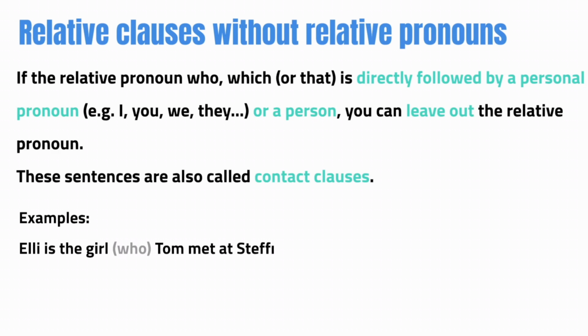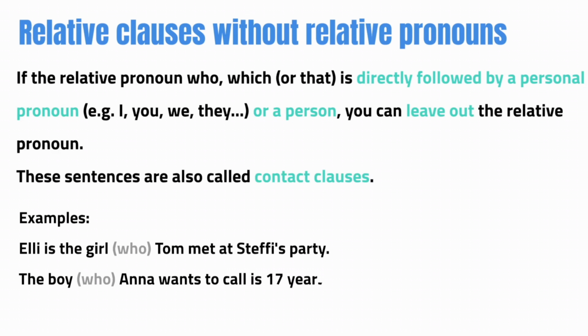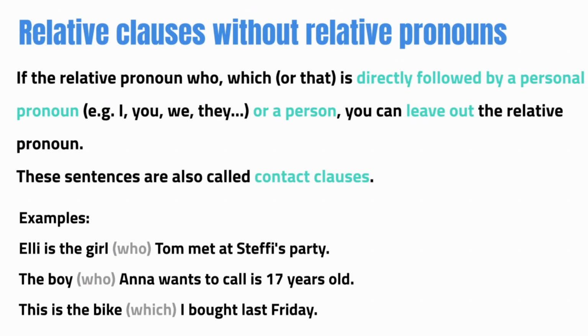Ellie is the girl Tom met at Steffi's party. Ellie is the girl who Tom met. And here we can leave out the who because Tom, Anna, or I follow directly after the relative pronoun. The boy Anna wants to call is 17 years old. This is the bike I bought last Friday.